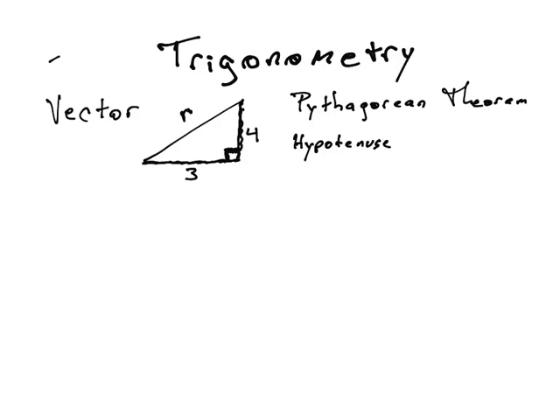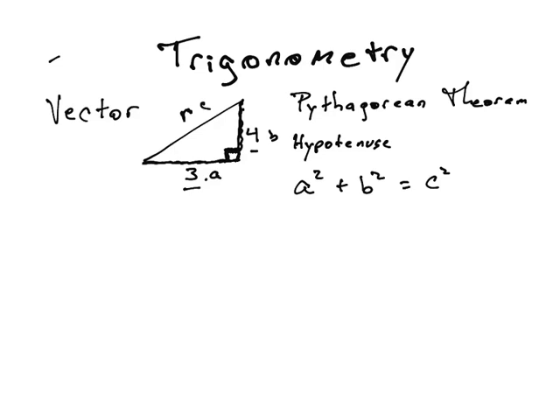So, what does the Pythagorean theorem say? Well, it says that the sum of the squares of the two sides of the triangle, that is to say this side and this side, must equal the square of the hypotenuse. A lot of times you'll see it written a squared plus b squared equals c squared, where one side is called a, one side is called b, and the hypotenuse is called c.